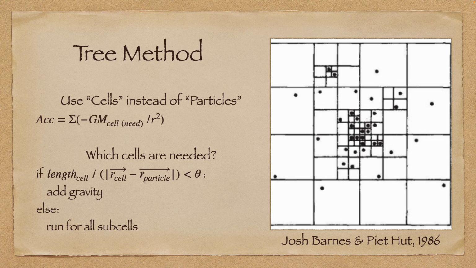First, what is the tree method? The main idea of the tree method is to use cells instead of particles. Like this structure, this is the cell and this is a particle.